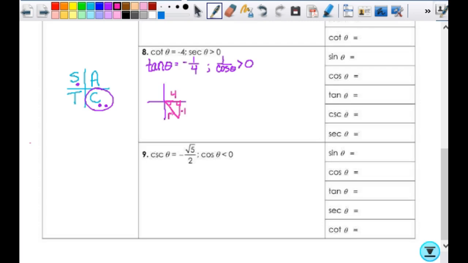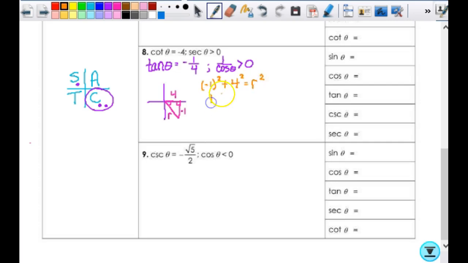So I'm going to have to find what the length of the radius is, right? So I do the Pythagorean Theorem again, like I did on the front. The difference between this and what we did on the front is that on the front, we basically started with this. But on here, we have to decide which quadrant we're in to get the things positioned correctly. So now I do the Pythagorean Theorem. Negative 1 squared plus 4 squared equals r squared.